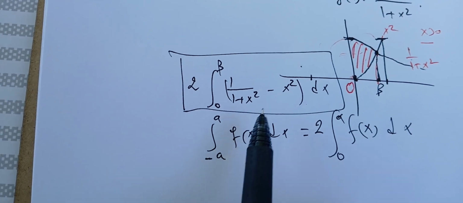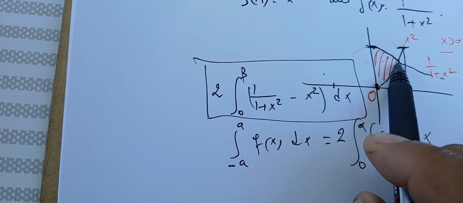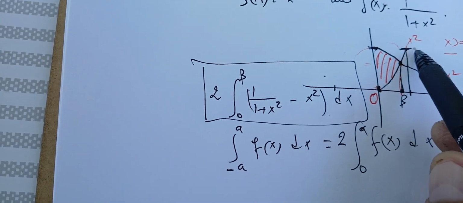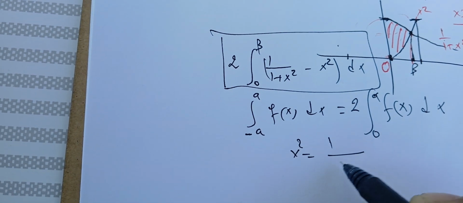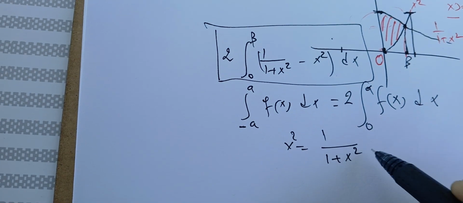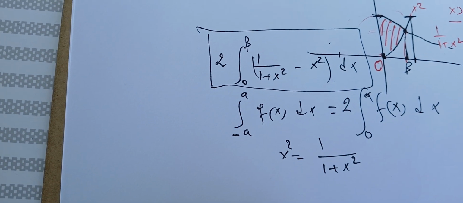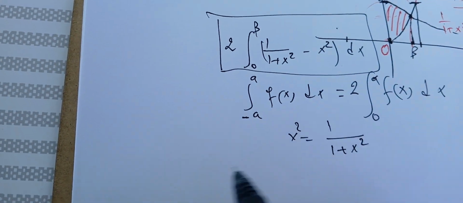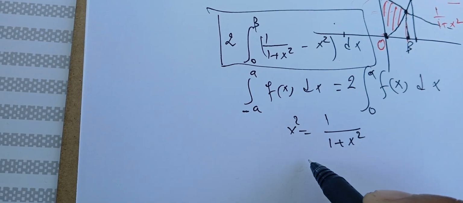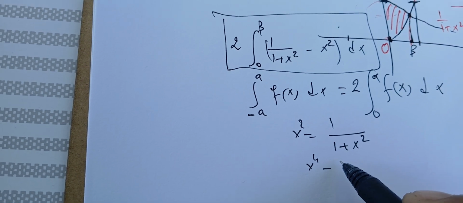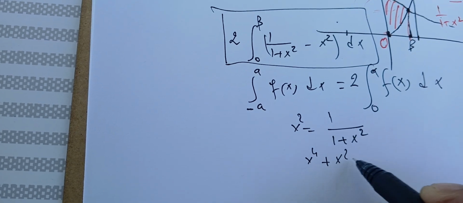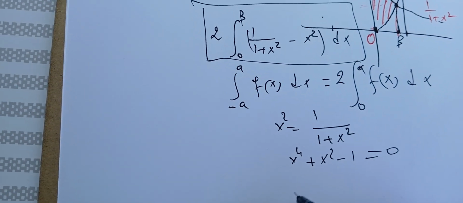Now to find this point where they intersect, we have to solve the equation x squared equals 1 over 1 plus x squared. These two are positive, so we cross multiply, and we get x to the fourth plus x squared minus 1 equals 0.